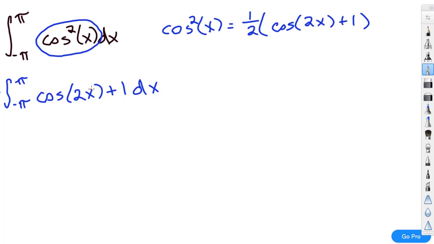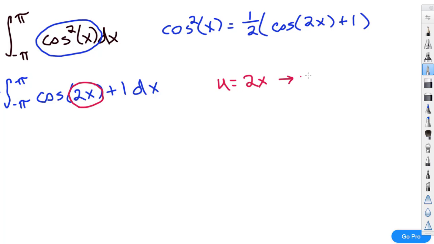So now I can take this and let that be my u. Let's say that this 2x is my u. So u equals 2x.